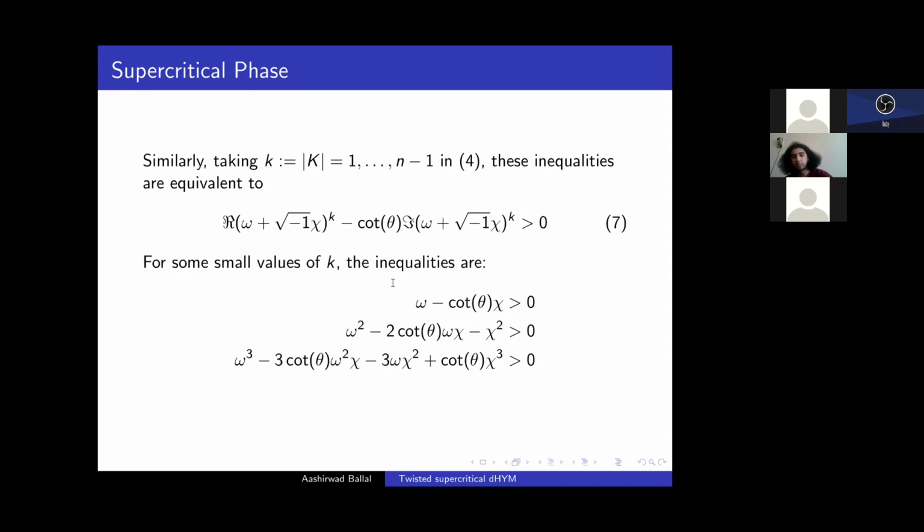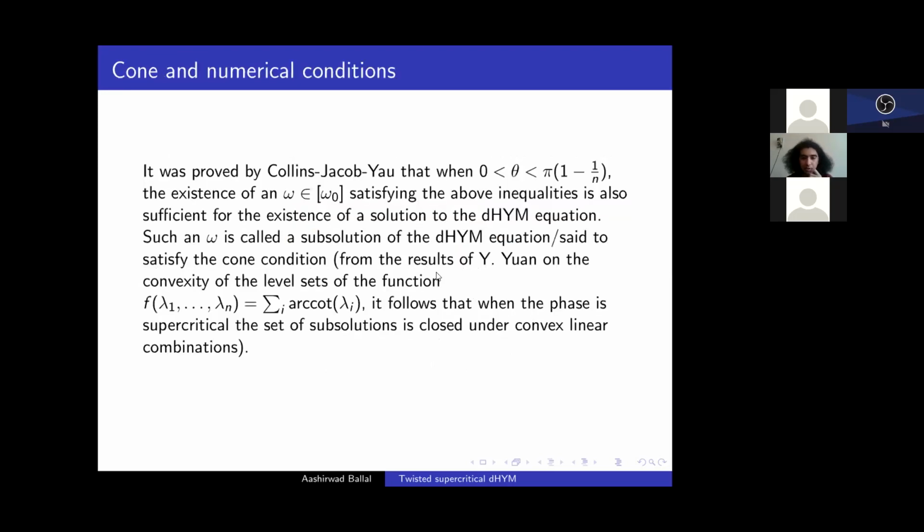If you take omega 1 satisfying these inequalities, and omega 2 also satisfying these inequalities, then t omega 1 plus 1 minus t omega 2 also satisfies these inequalities. This follows from the results of Yuan.